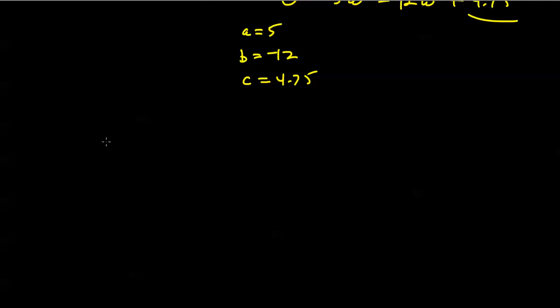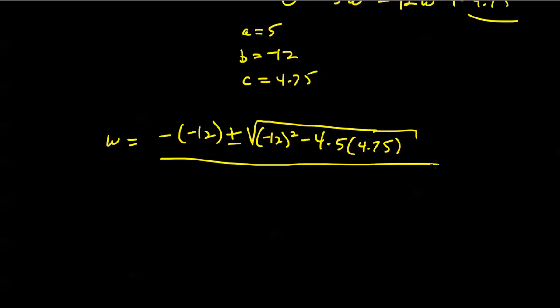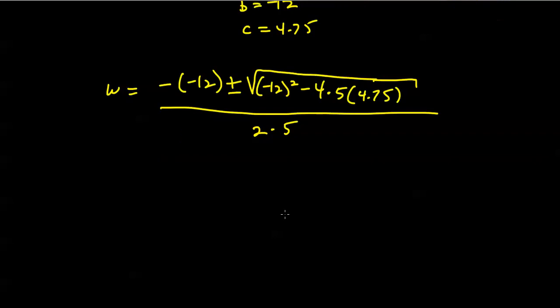So now W equals minus B plus or minus the square root of B squared minus 4 times A times C, and I'll plug in 4.75 for C, all divided by 2A. Okay, so there's my substitution into the quadratic formula.